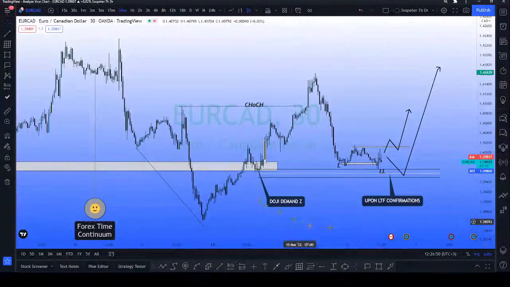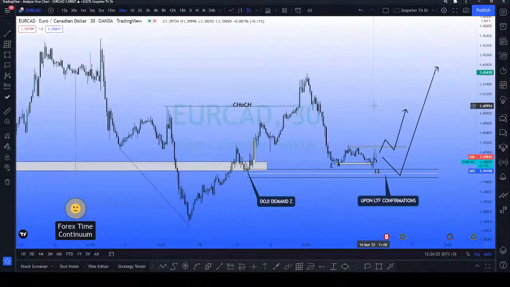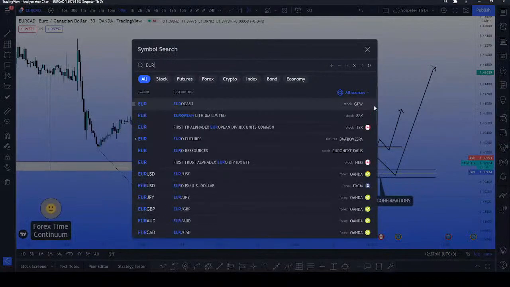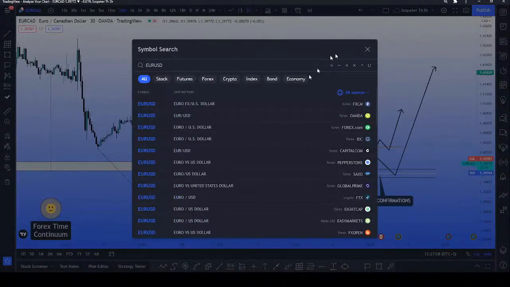So those are the setups that I'm waiting for. And probably if two or three become successful, we win for the week. For those who took the AUD USD, I know you have bagged big. For the Euro USD, I'm still holding.